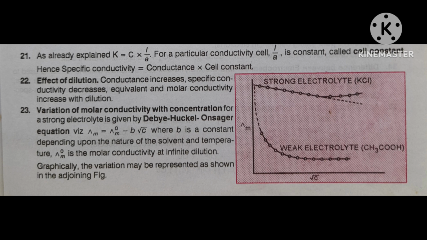All are strong. In a graph, if you plot delta M versus root C, where C is the concentration, then you can see the nature of the graph. In the case of a strong electrolyte, it is not fully straight; there is a little curve.